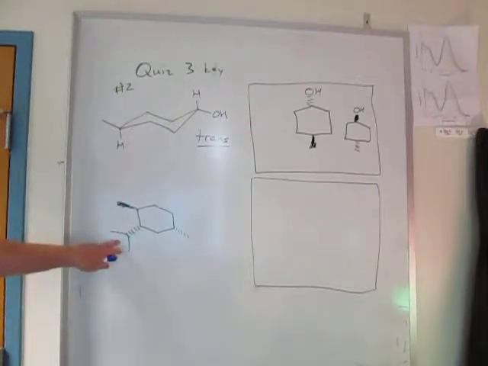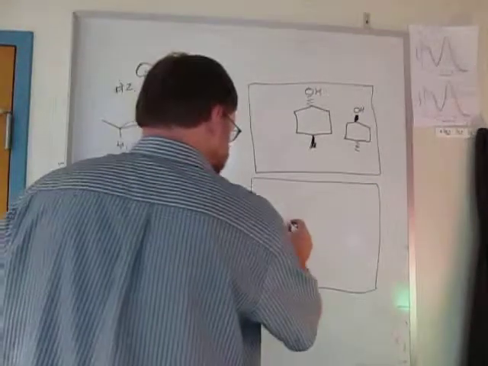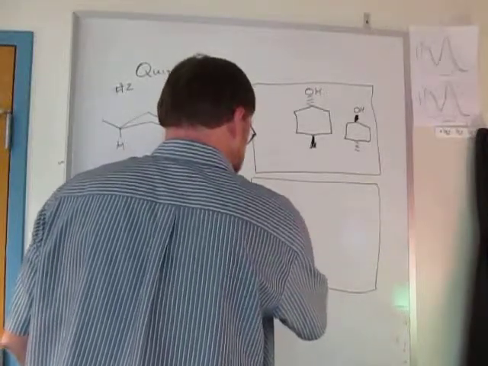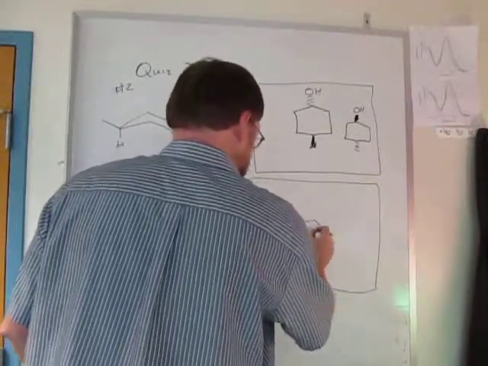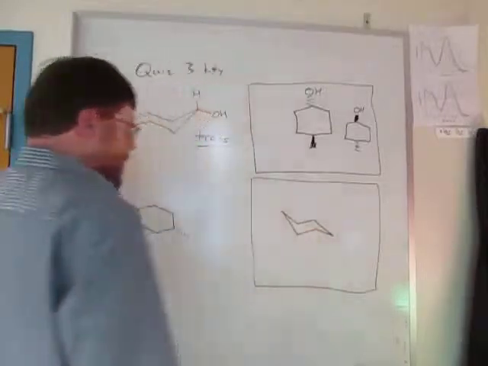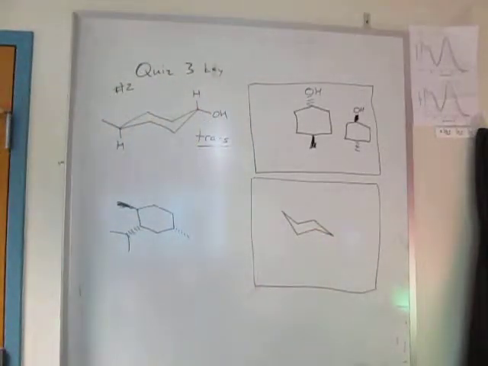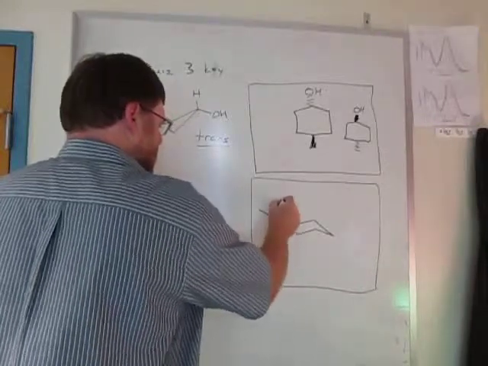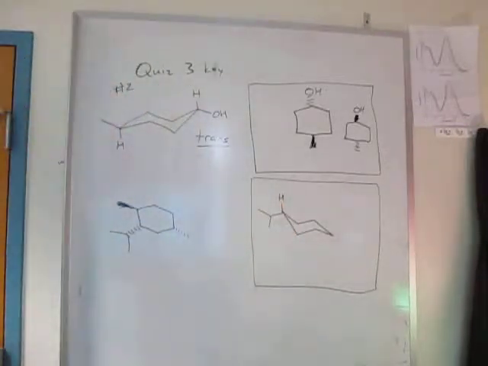All right, then the second part of number 2 was to draw this molecule as a chair. So again, let's draw a chair. There's a chair. It's not a very good chair, but what are you going to do? All right, I'm going to start with the isopropyl group. It's down. And again, it's probably a good idea at this point to put the hydrogens in, put the axial group in.